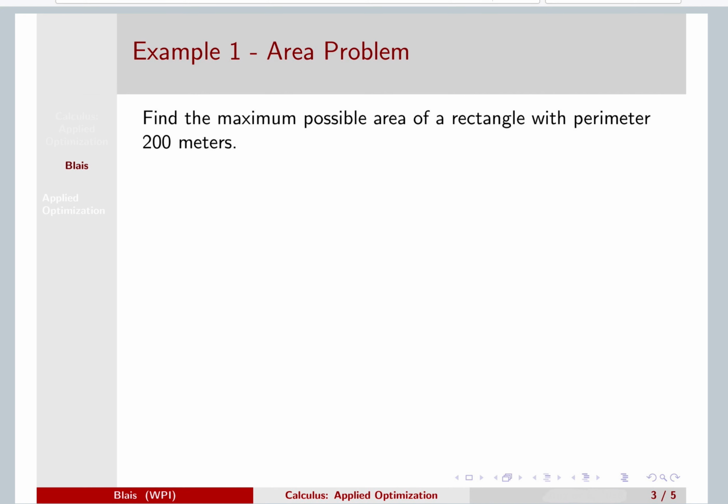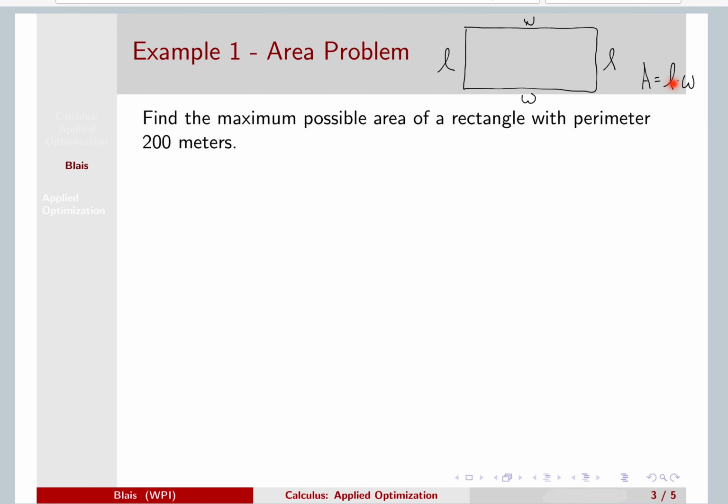First, we know that our garden has a length and a width, since it's going to be rectangular. And we know that the area is the length times the width. Oftentimes in these questions, you use the information to reduce your function to have only one independent variable rather than two.